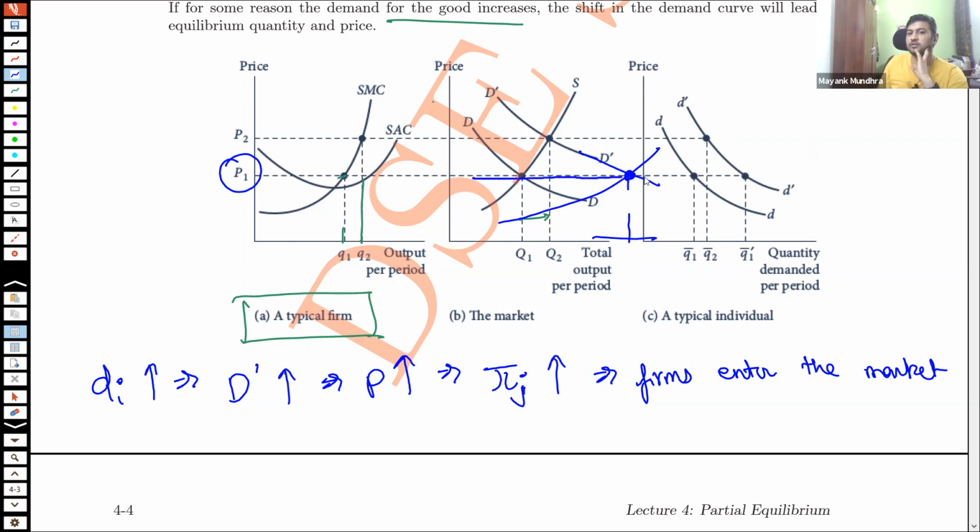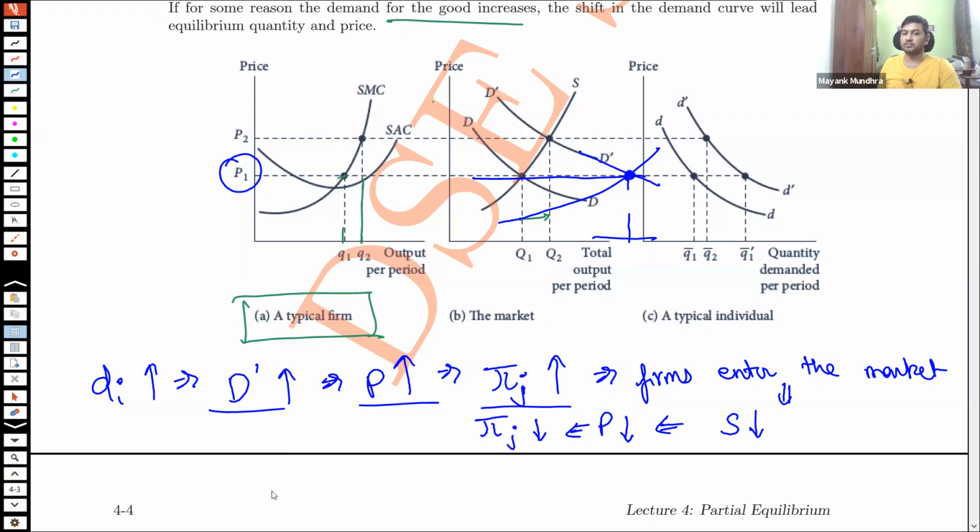So in equilibrium, the timeline is: demand for the individual increases, which increases the market demand, which increases the prices, which increases profit of any firm J, which implies more firms enter the market, which implies the supply curve shifts down, which implies that prices shift down, which implies that profit of the jth firm goes down.